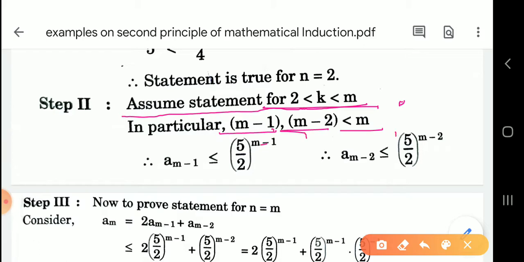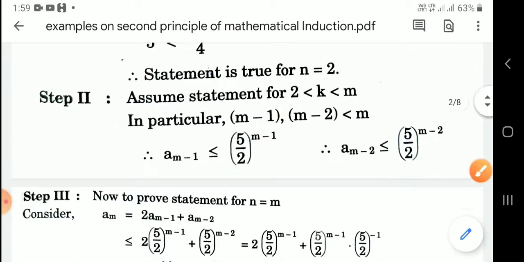So this statement holds for m minus 1 and m minus 2 also. Since the statement holds for m minus 1, we get a m minus 1 is less than or equal to 5 upon 2 raised to m minus 1. We replace n with m minus 1. Since it holds for m minus 2, we get a m minus 2 is less than or equal to 5 upon 2 raised to m minus 2. This is our second step.